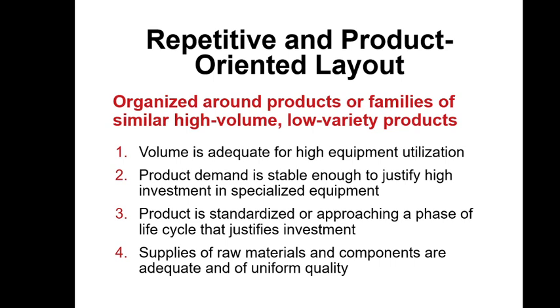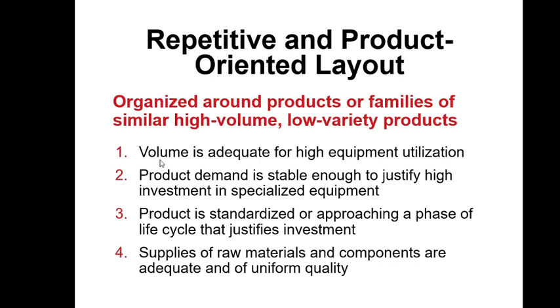Now, volume should be adequate for high equipment utilization. Since the fixed cost of your equipment in the product-oriented layout is expensive and will be high, you should have massive production.